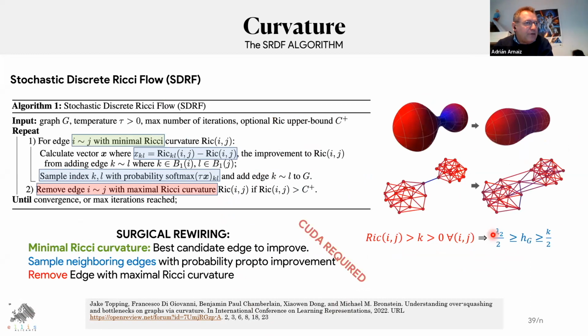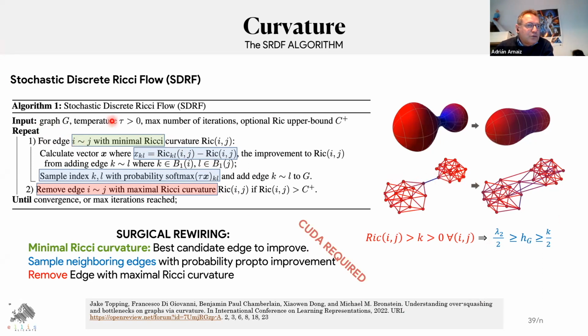This is the aim of the algorithm called stochastic discrete Ricci flow, which is basically doing the following steps. For each edge, we take the edges with minimal Ricci curvature because these are the edges that are most critical for the graph. For instance, this edge is very critical.